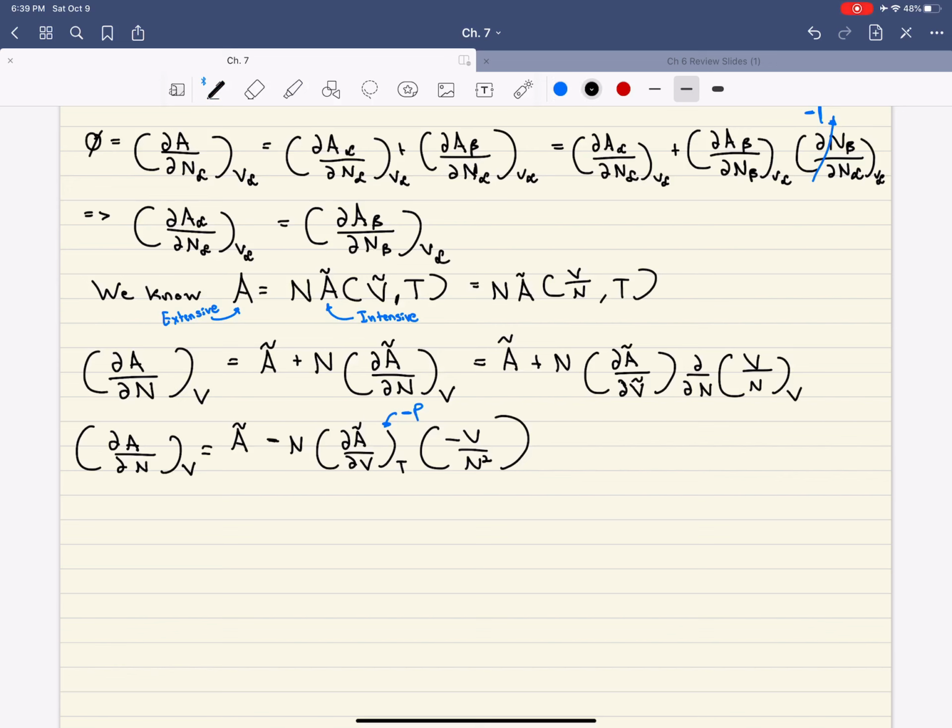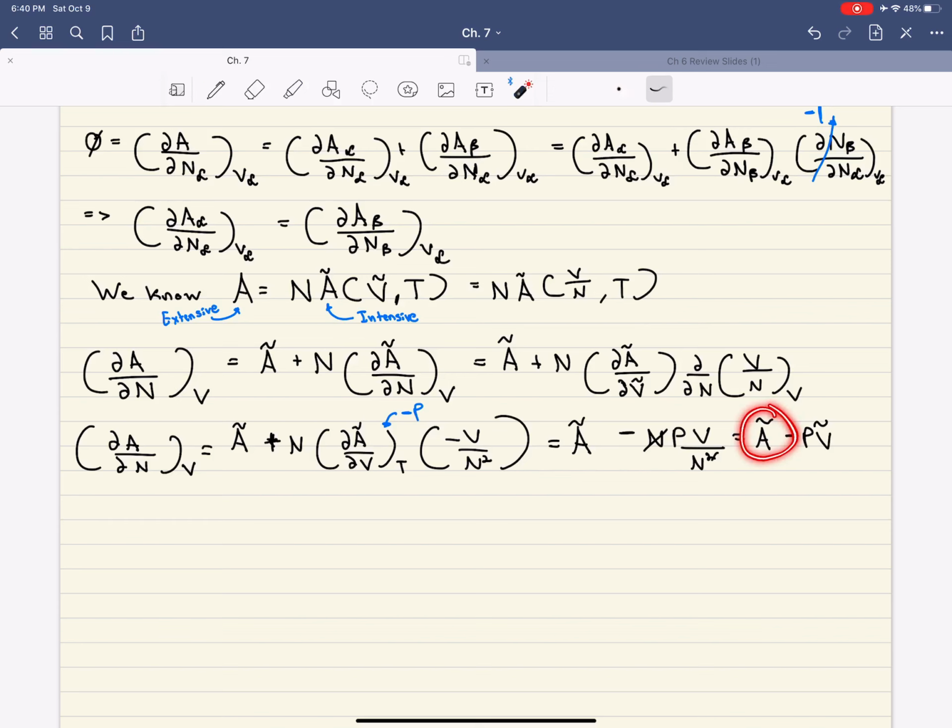Should be a positive sign here. All right, and so when we simplify this equation out, what we get is minus N P V over N squared. One of these N's cancels. And then what we're left with is V over N, which we know is just molar volume again.